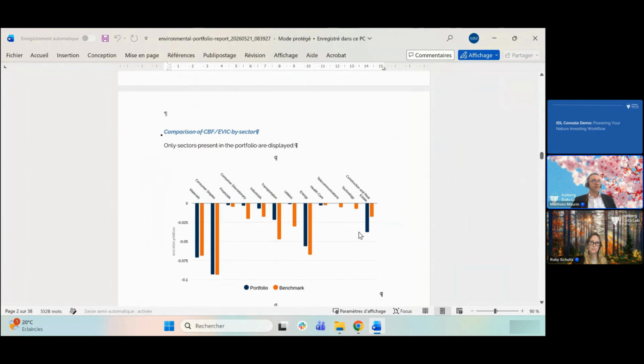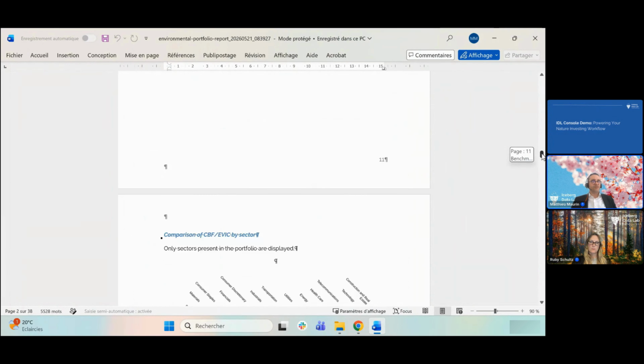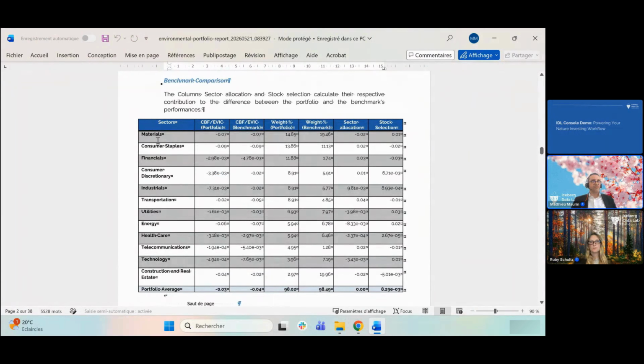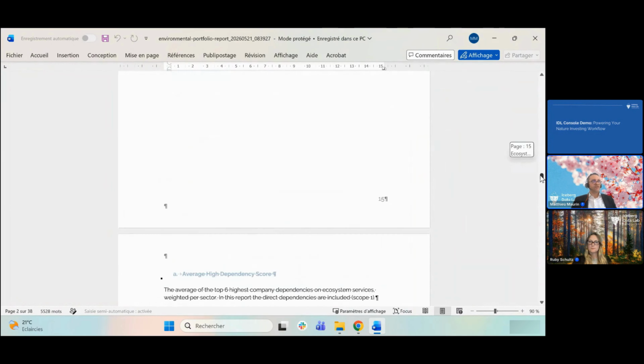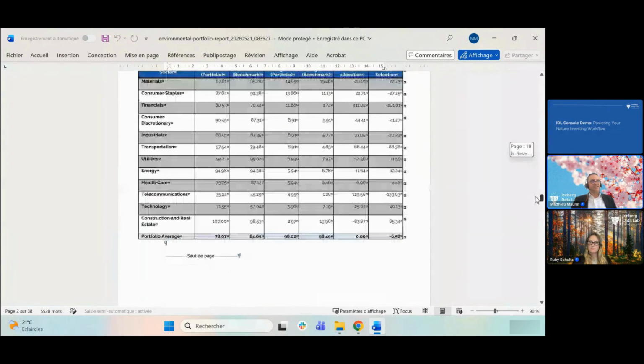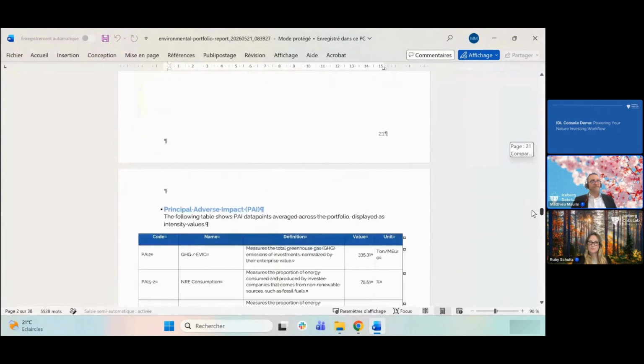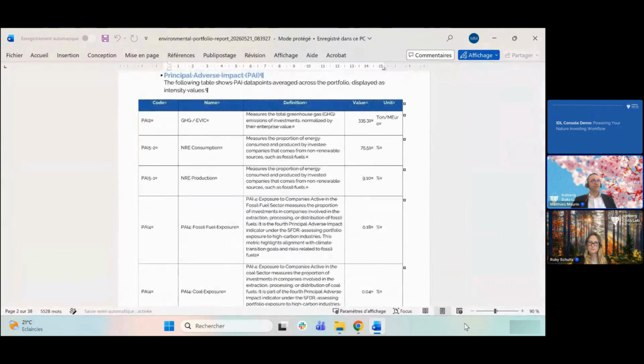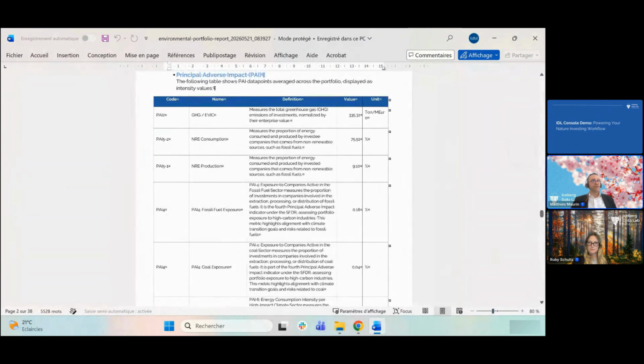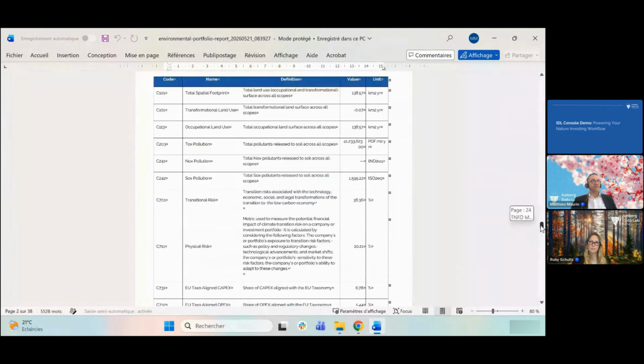I won't spend too much time on it, but it compares the performance of the portfolio versus the benchmark, and it identifies sector by sector if the overperformance is due to the stock selection or the over or under allocation of the sector. And at the very end, you have a tab providing you all the regulated KPIs. In that example, you have the PAI and, as Ruby mentioned, the TNFD indicators listed alongside their nomenclature.